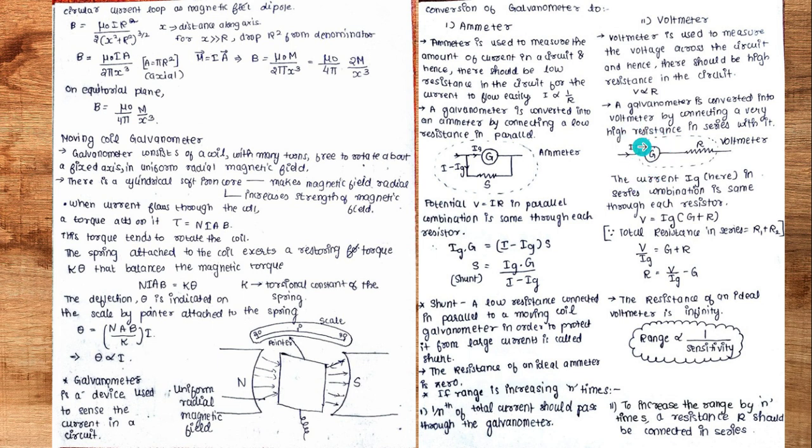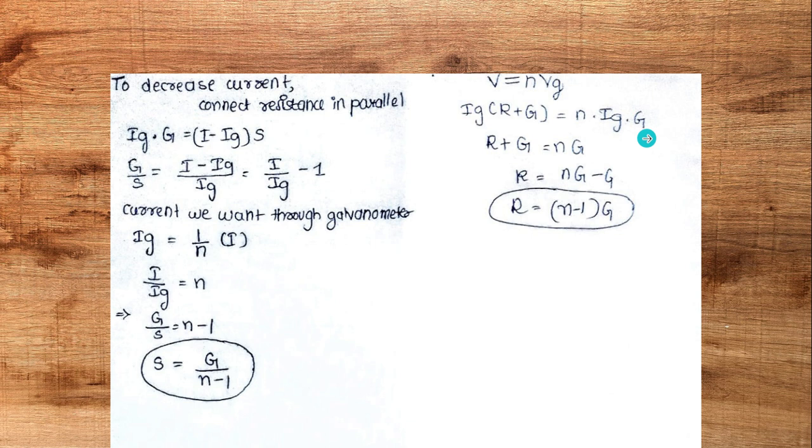So Ig into R plus G is equal to n times of Ig into G. So I can cut off Ig from both sides. I will get R plus G is equal to n times of G. R is equal to nG minus G. So the final value of this resistance that needs to be connected in series can also be calculated with the formula R is equal to n minus 1 times G.